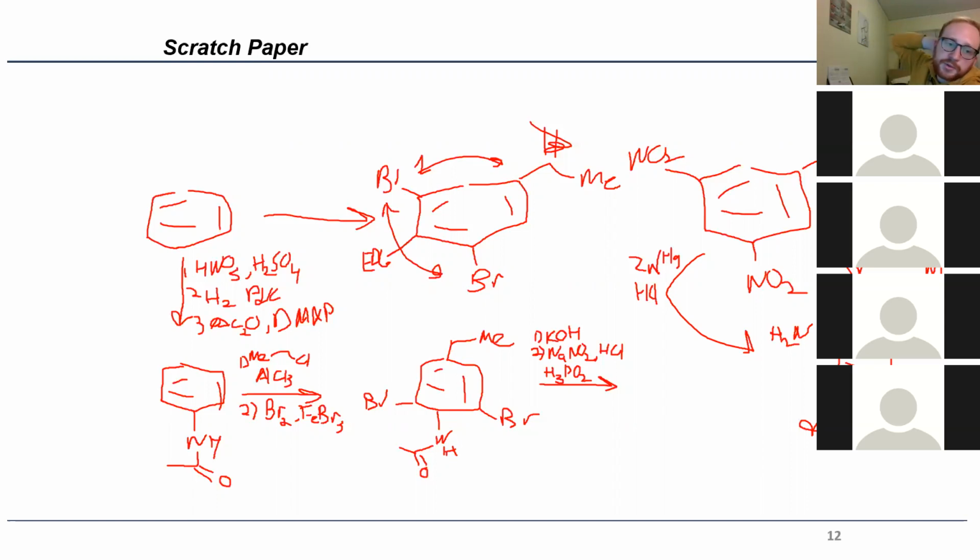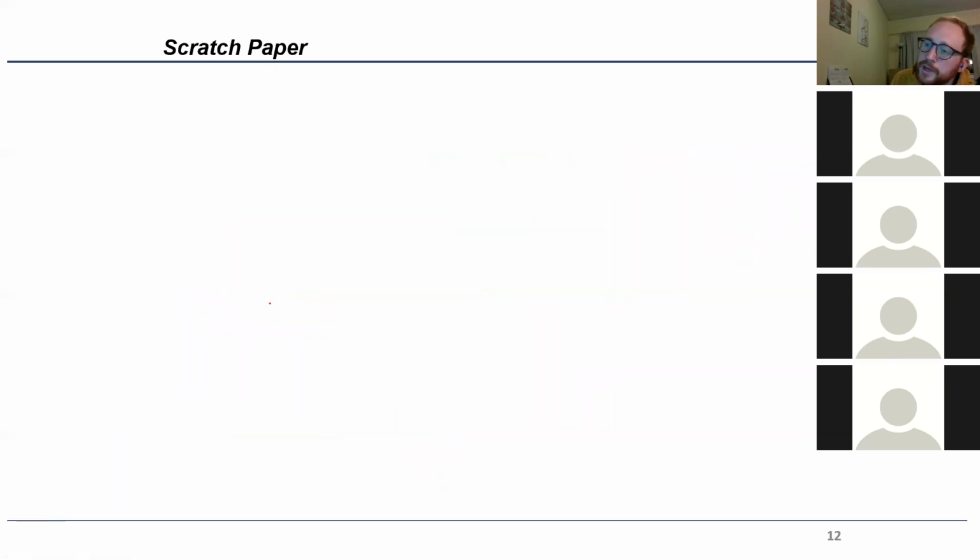Along similar lines, when doing nitrations, can you use 1 or 2 equivalents to do a single versus double nitration? It tends not to be under stoichiometry control, but just simple electronic control.